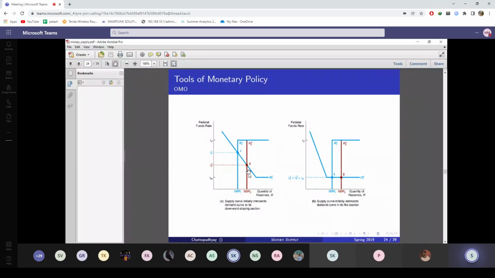Reserve supply curve shifts to the right. Reserves rise, high powered money rises, money supply rises. Implication, interest rate falls. From ISLM also, LM curve goes down, interest rate falls. Impact, private investment rises, Y rises.